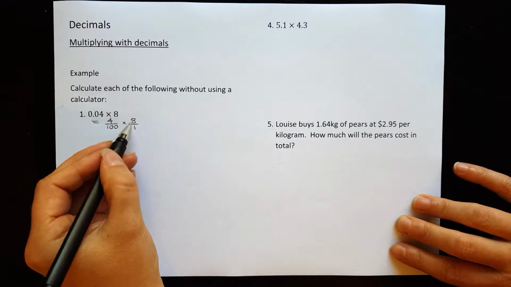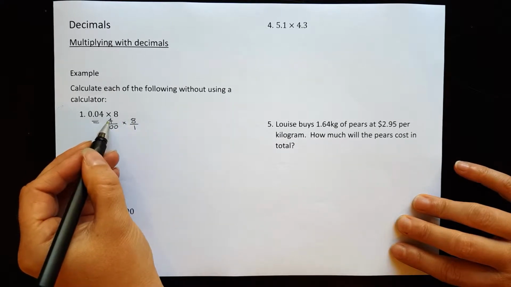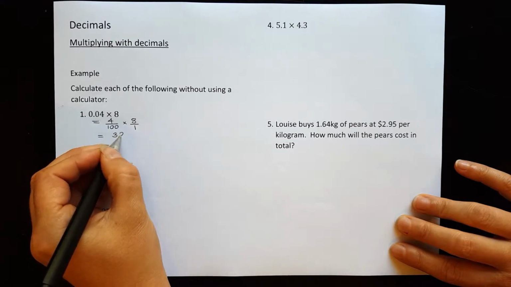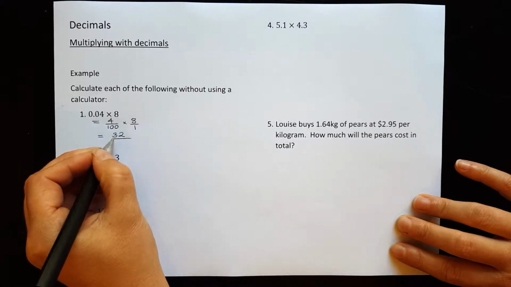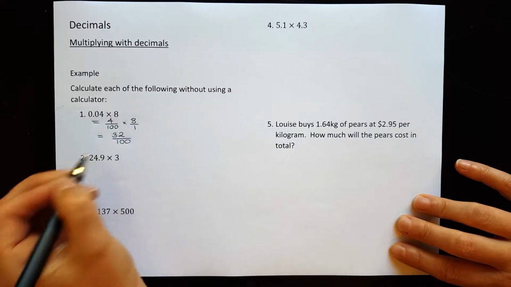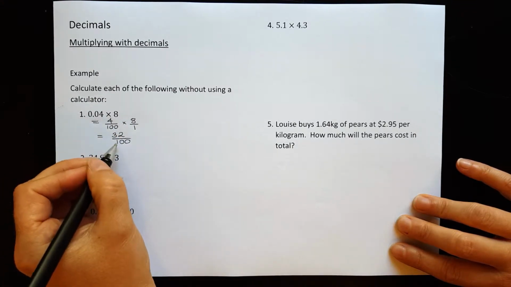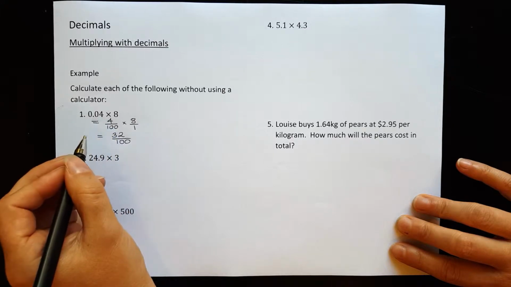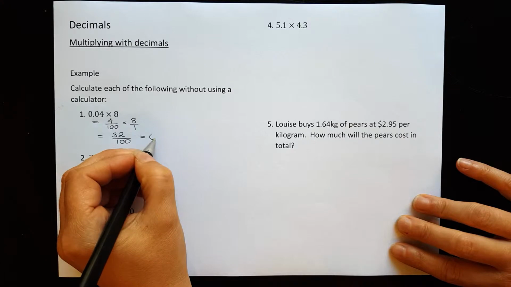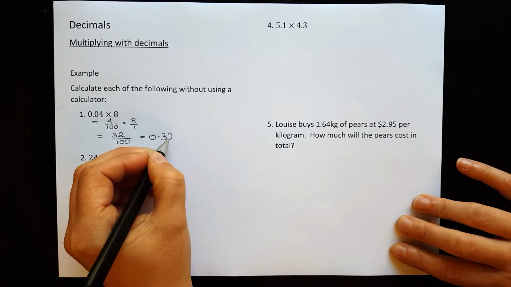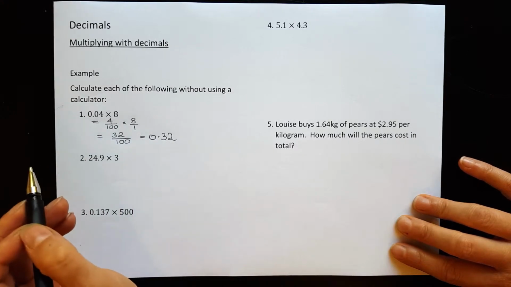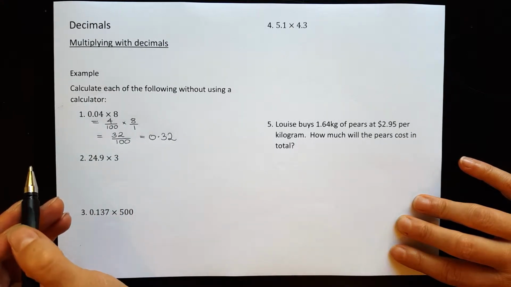If we multiply the numerators together, 4 times 8 is 32, and we multiply the denominators together, 100 times 1 is 100. Now, 32 over 100 is very easy to convert back into a decimal. That would simply be 0.32. So we've multiplied and left our answer in decimal form.